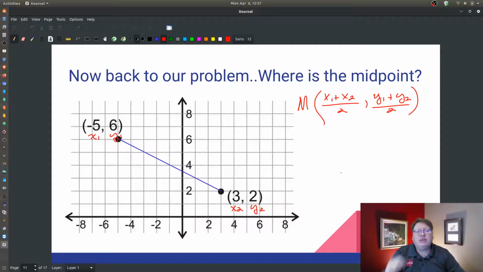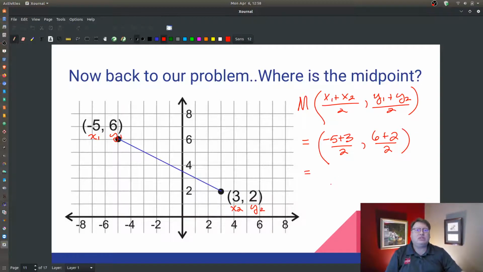So right now we're going to take our coordinates from each of the endpoints and substitute into this formula. So our midpoint x1 is -5 plus x2 is 3, and then we're going to divide by 2. And then for the y-coordinate of the midpoint, we take 6 as y1 plus 2 as y2, and we're going to divide that sum by 2.